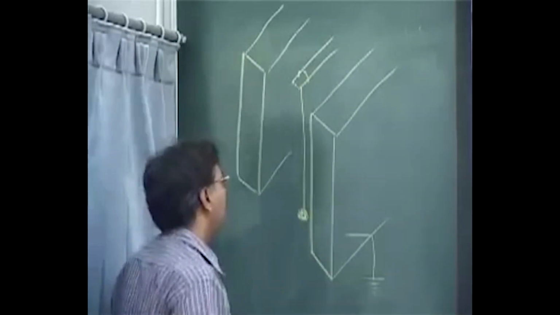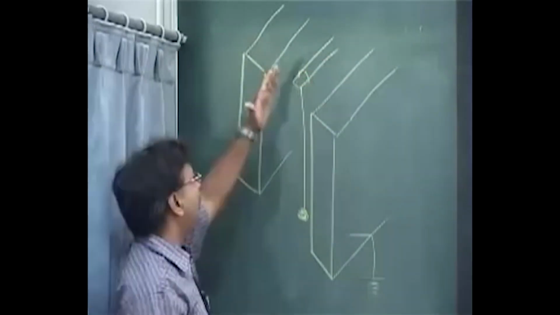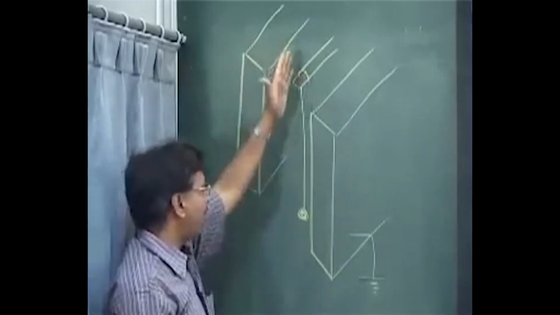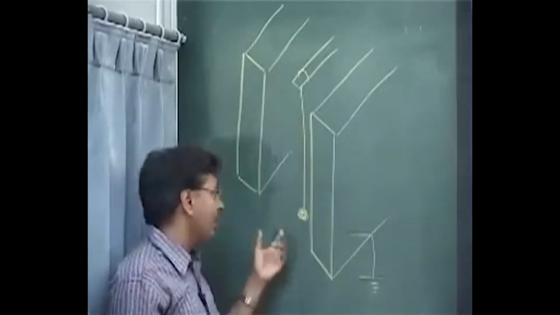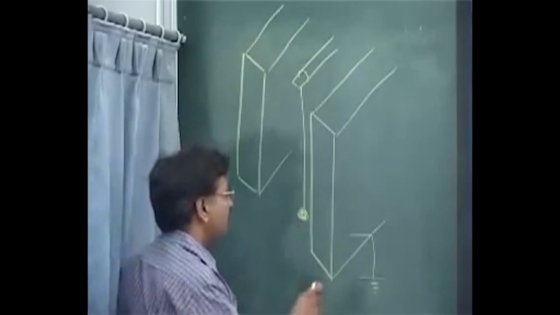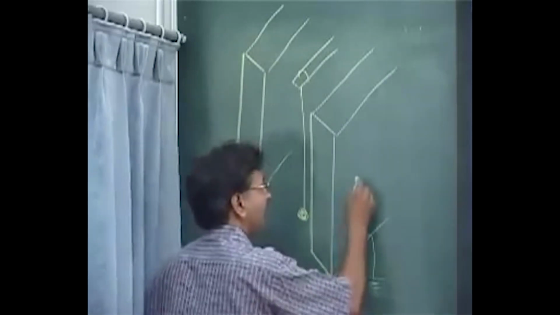Now, I can have several of these in parallel, several hanging wires with bobs. So this is what we call the collection plate.